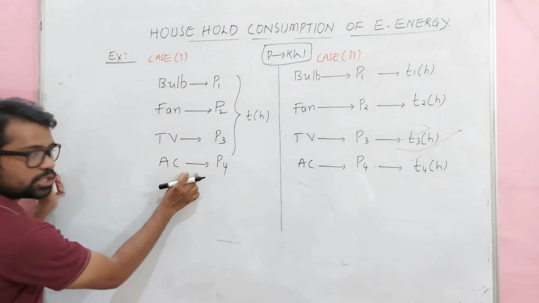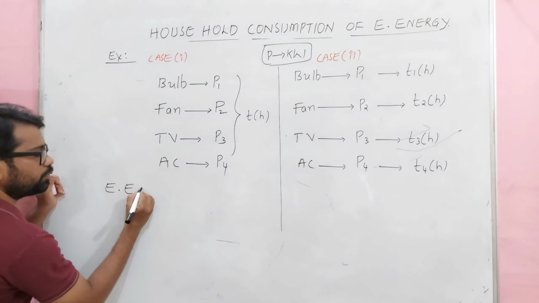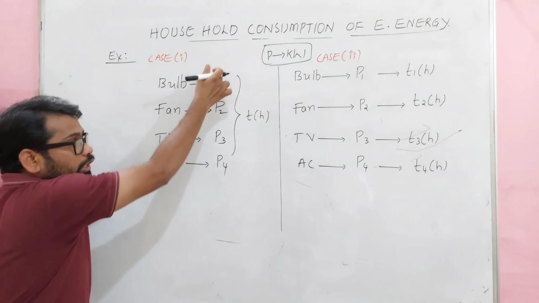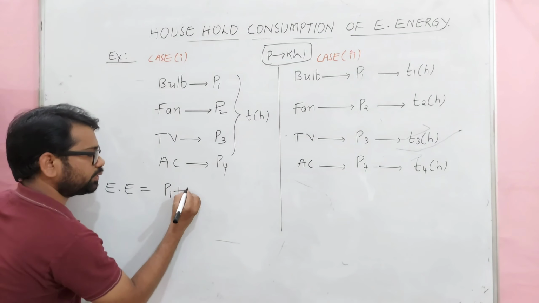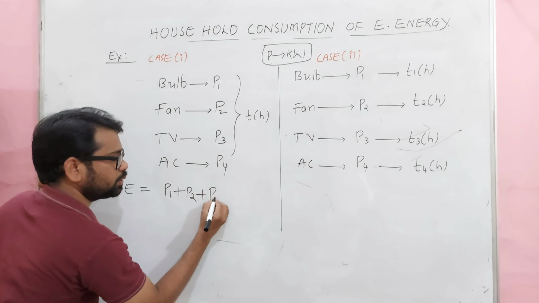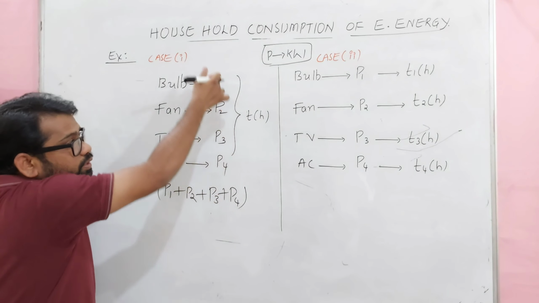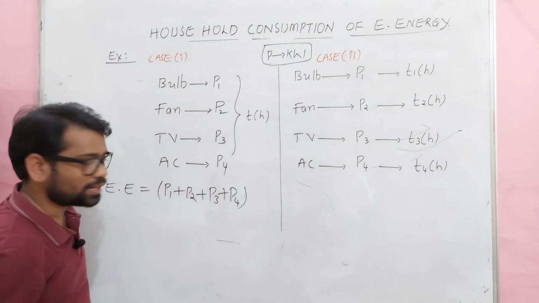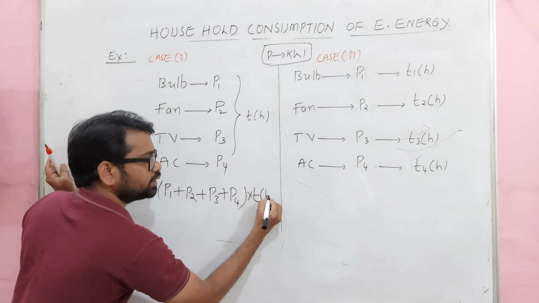In this case, we can calculate the electrical energy consumed as follows. We first calculate the total power, that is P1 plus P2 plus P3 plus P4. First add the powers of all electric appliances, into time.